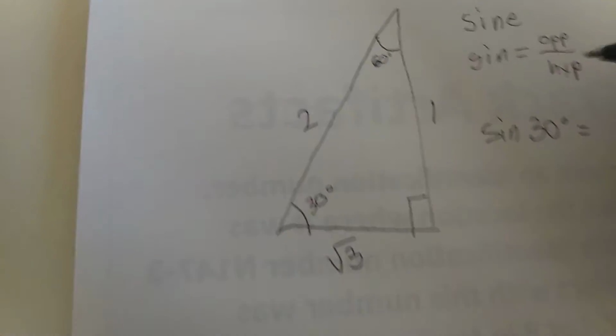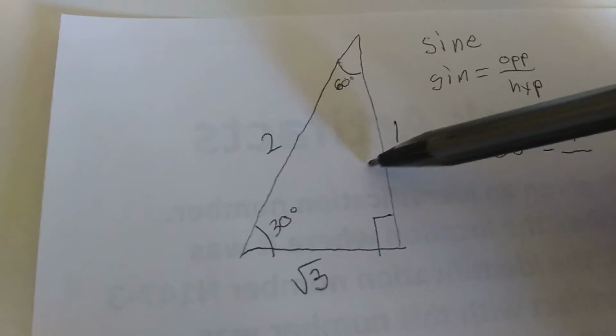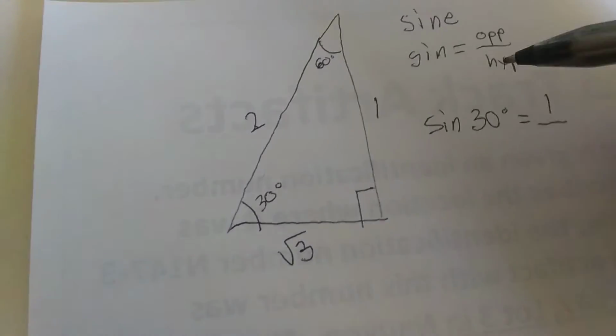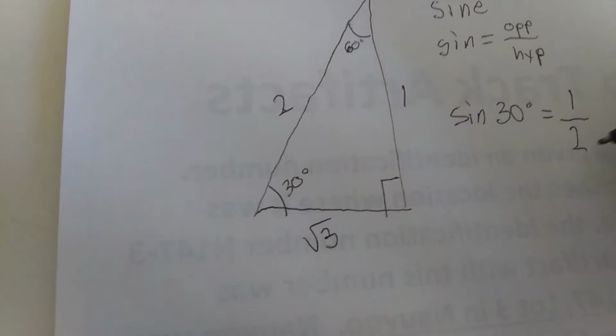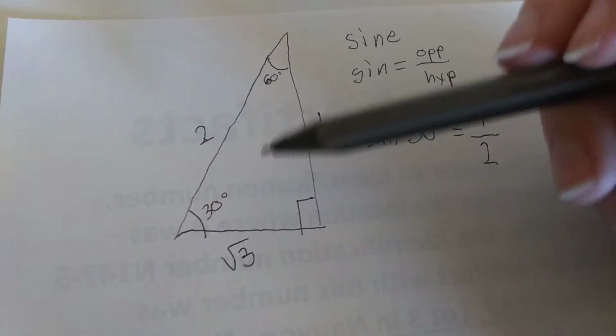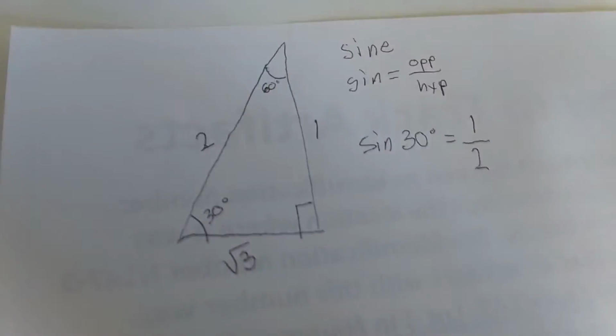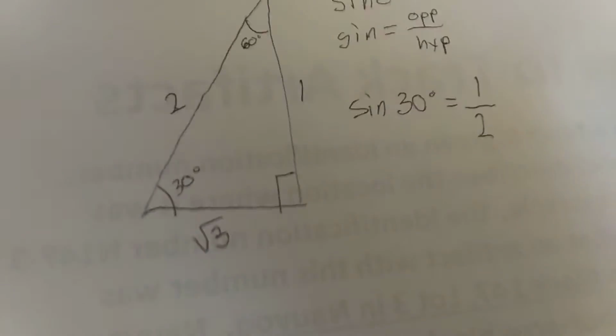So that's 1 on top. And then you find the hypotenuse, that's 2. So the sine of 30 degrees in this triangle is 1/2. Alright, now you know what sine is.